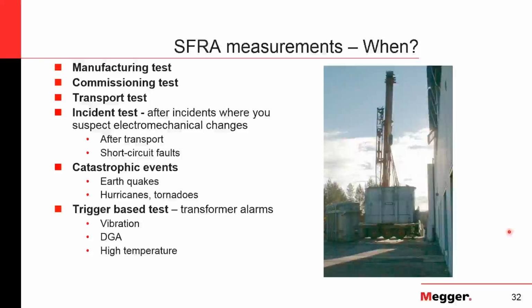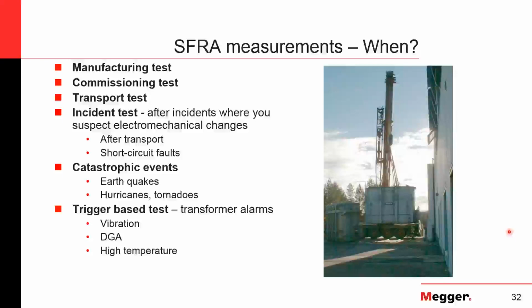Because if they assemble the bushings, pull vacuum, fully dress the transformer, put oil in it, and then at that point find out there's something wrong with the transformer, they wasted all that time assembling it, when they would have seen it right away with a quick SFRA test in the beginning if something happened during the transportation process.